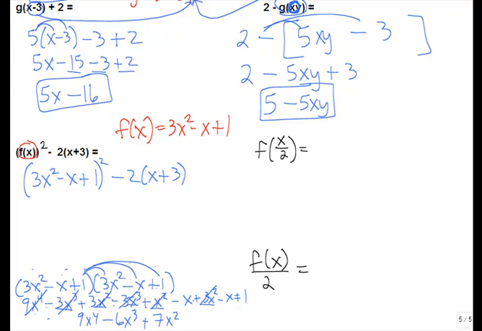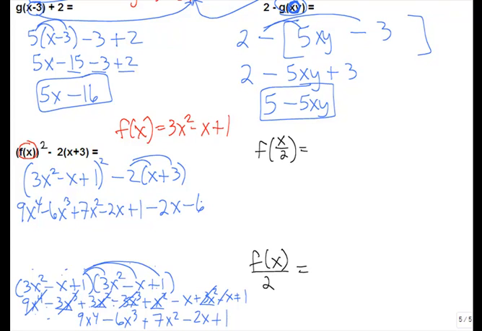And then we have a minus x and a minus x, which is a minus 2x. And then we have that plus 1 on the end. So when I FOIL all this out, I get 9x to the 4th minus 6x cubed plus 7x squared minus 2x plus 1. And then I just need to distribute this negative 2 across, so I get negative 2x minus 6.